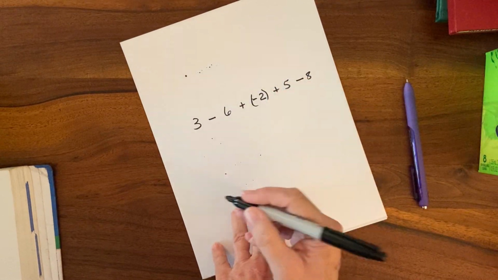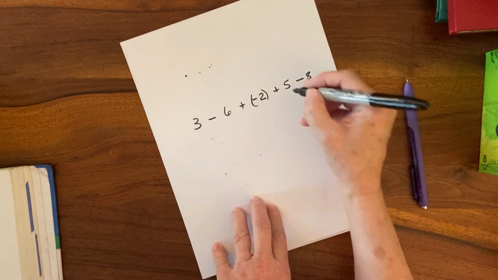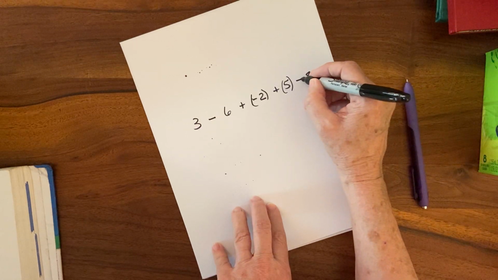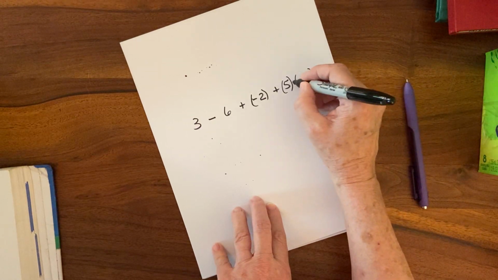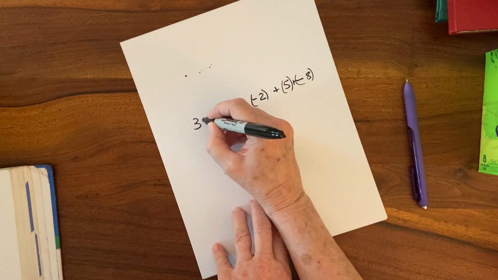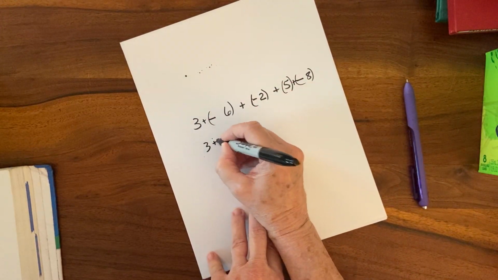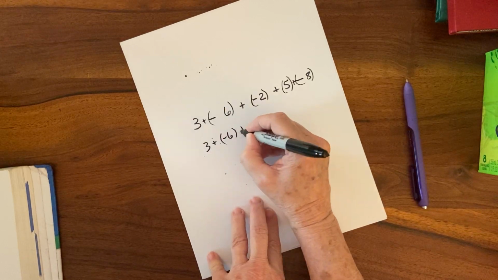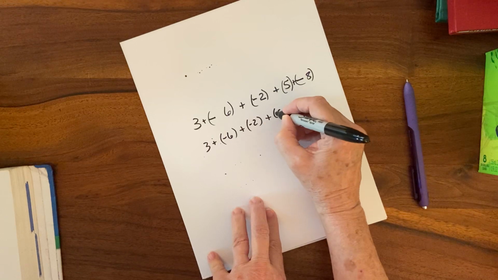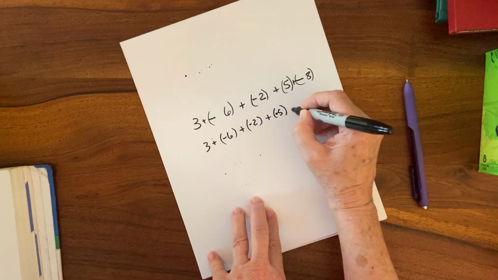So I'm going to put a little parenthesis around that one. I've got no number there. That's a negative sign. So I'm going to put a plus in between. Remember, there's no such thing as subtraction. So then I'm going to rewrite it. I'm going to say, that could be a little positive.